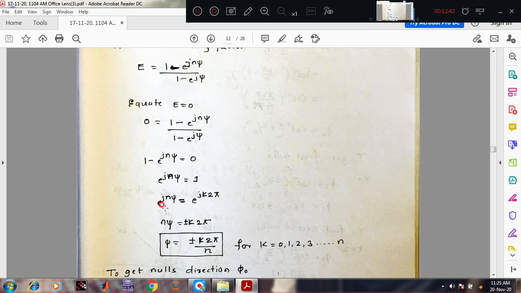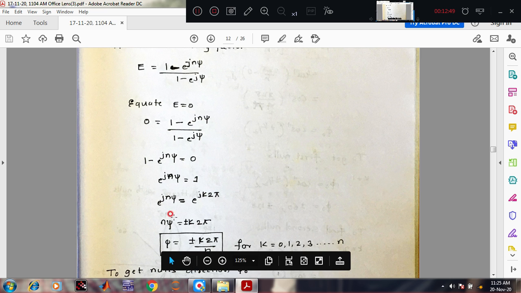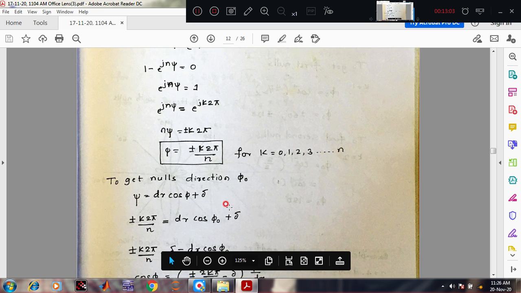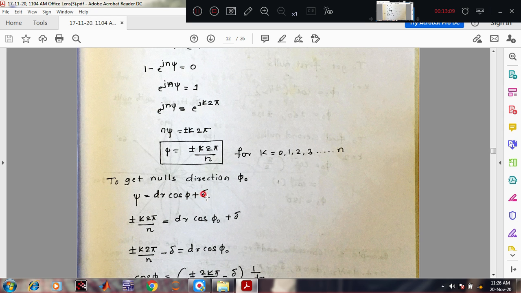So e raised to j n psi is equal to e raised to j k 2 pi. This can be equated on both sides. So n psi is equal to plus or minus 2k pi. Therefore psi is equal to plus or minus 2k pi by n, for k ranging from 0 to n. To get the null directions, psi is equal to dr cos phi plus delta, and we have already got the value of psi.